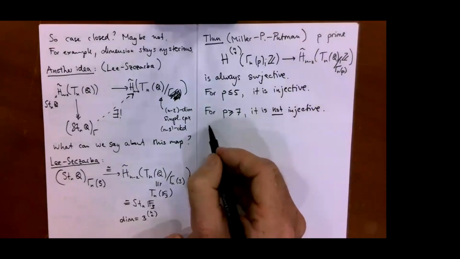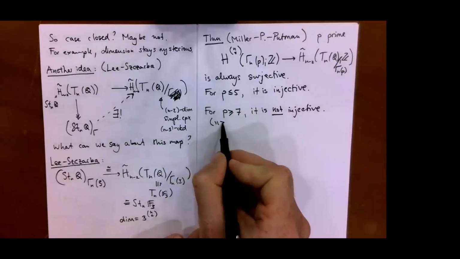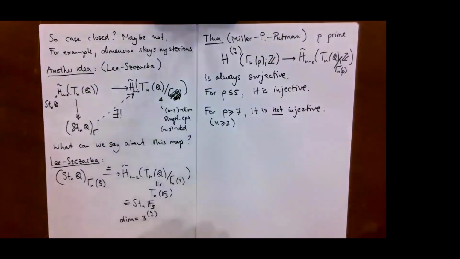And let me include n is at least 2 here, because if n is 1, all of these are trivial groups, so there's not that much information there.